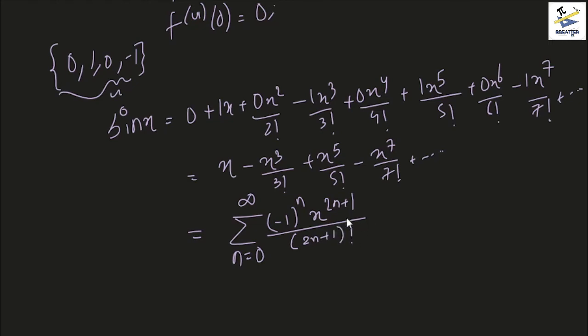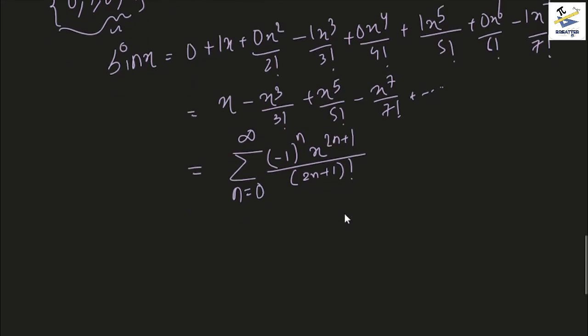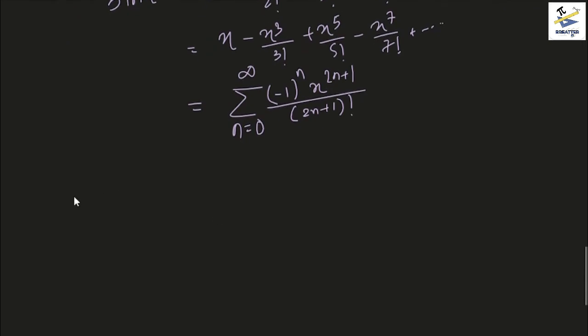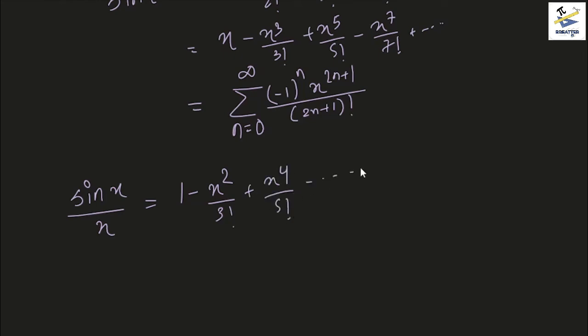This is the Taylor series representation of sin x around 0. Now from the series itself it is quite clear that sin x upon x would be equal to 1 minus x square by 3 factorial plus x to the power 4 by 5 factorial, and so on, right?